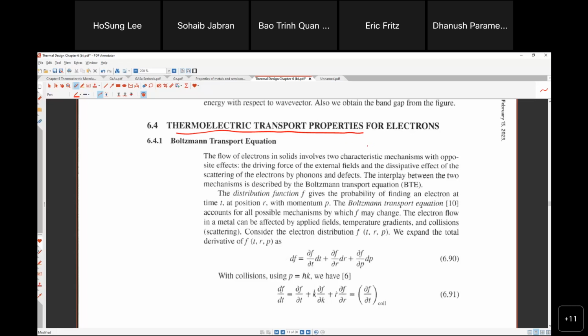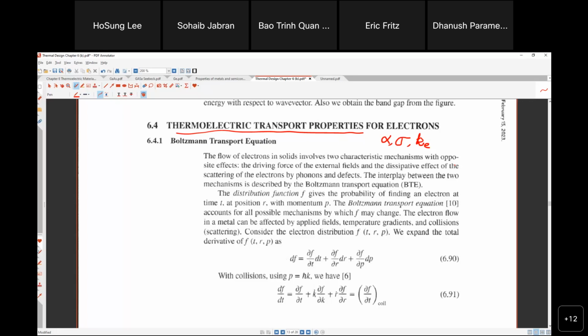So Seebeck and electrical conductivity and thermal conductivity of electron, something like that. So all electrons, okay.